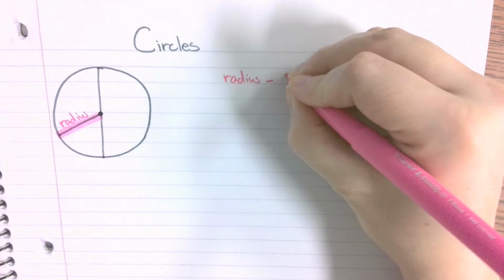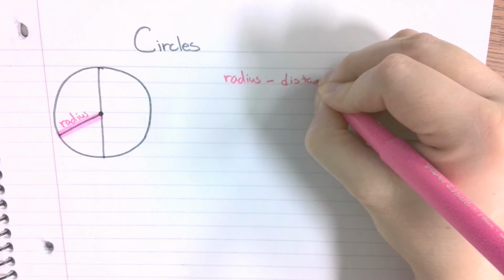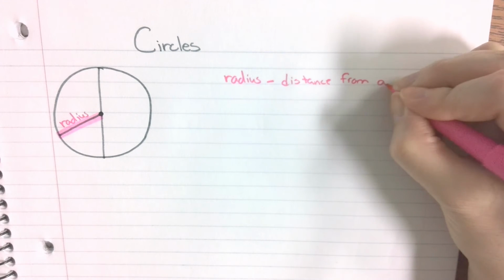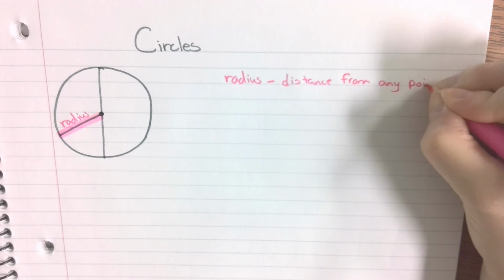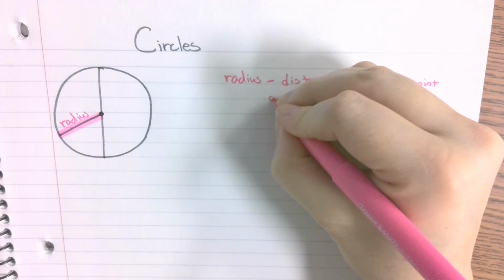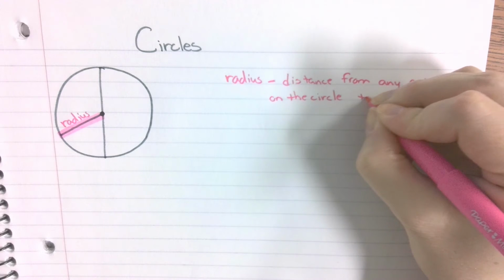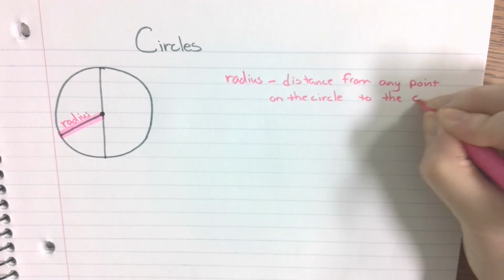Again, like I said, the radius, that is the distance from any point on the circle to the center.